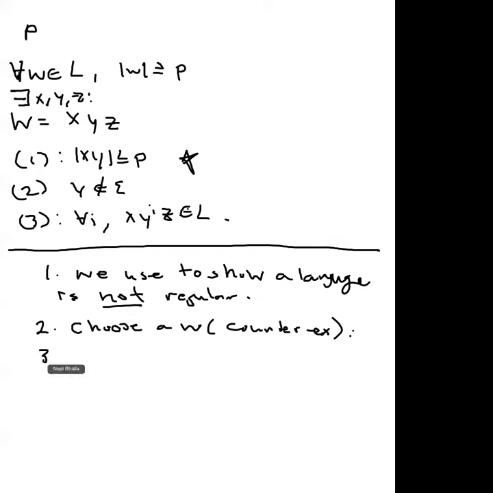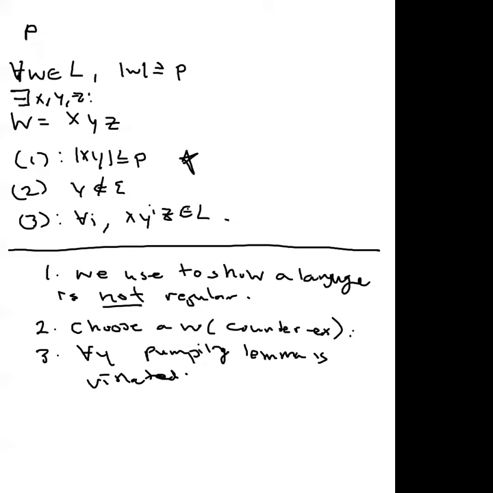Then you need to show that for all splits of Y, the pumping lemma is violated. And the reason you have to show that is because we bring in an existence of XYZ over here.